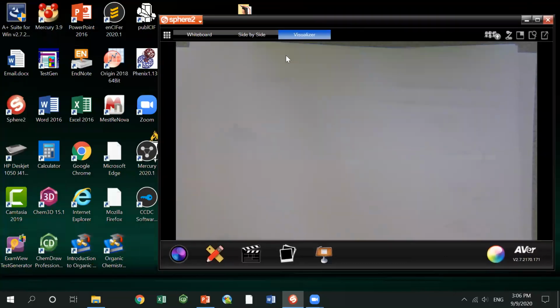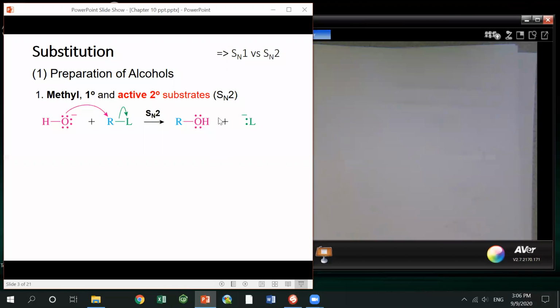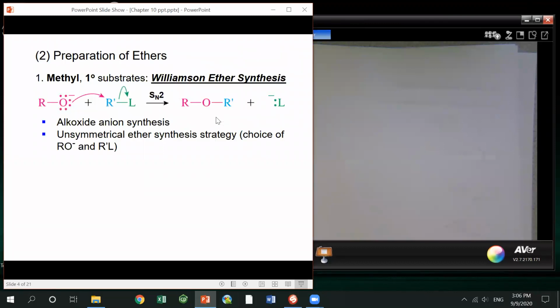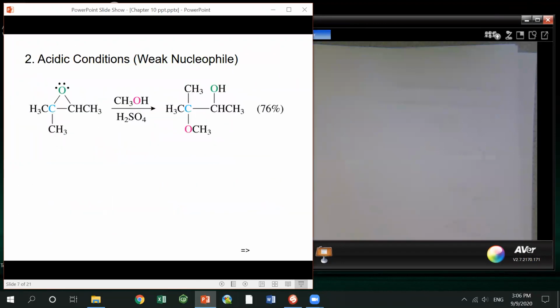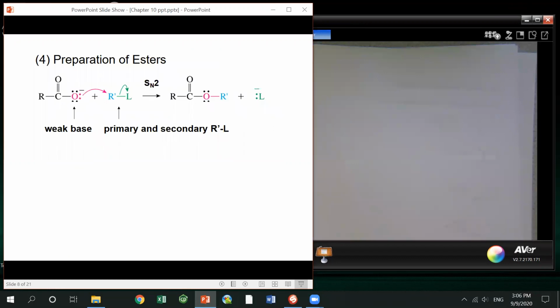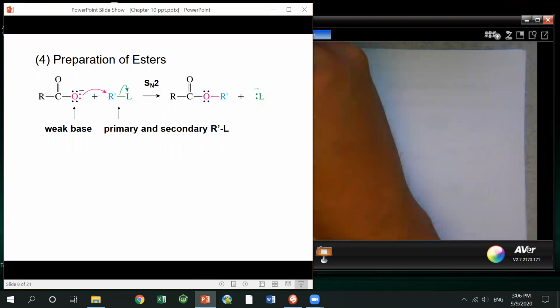Right, so now we move to the next nucleophilic reaction. How do we make the ester? Let's go here on the slides. The fourth one: how do we prepare the ester?